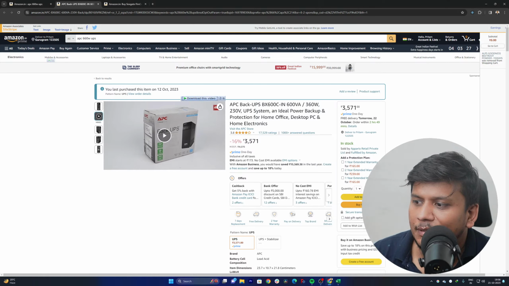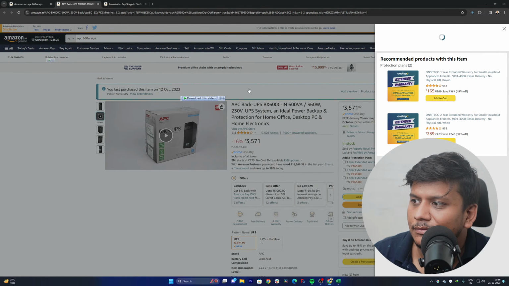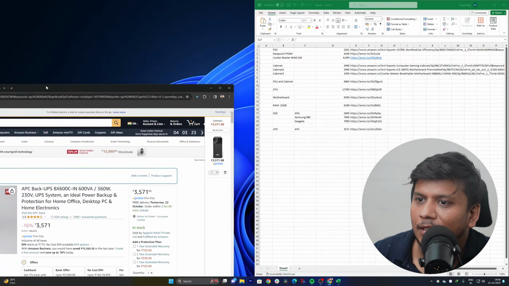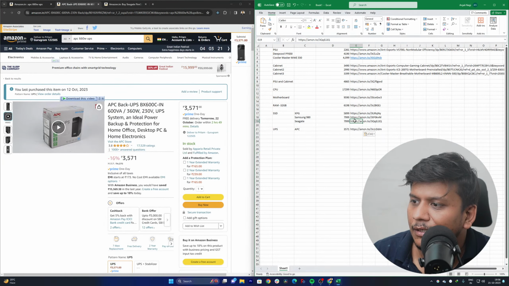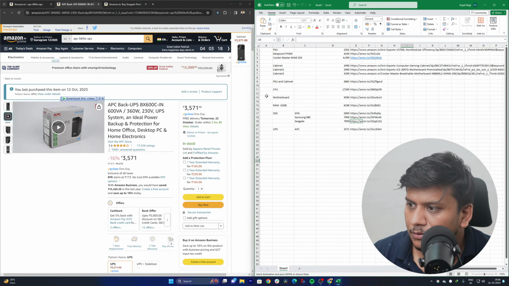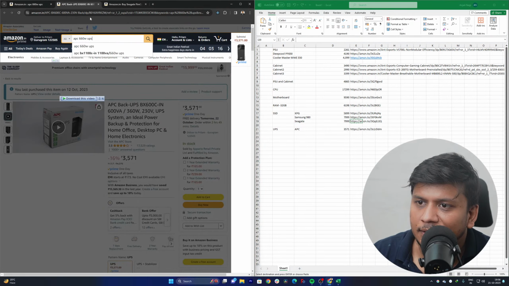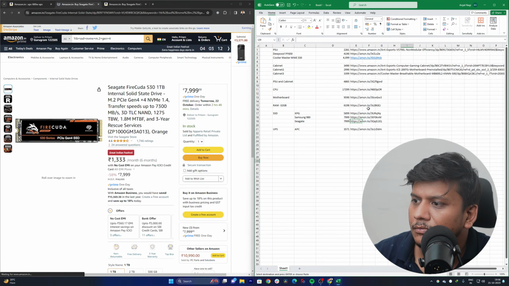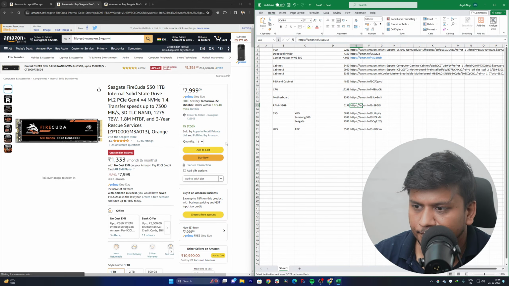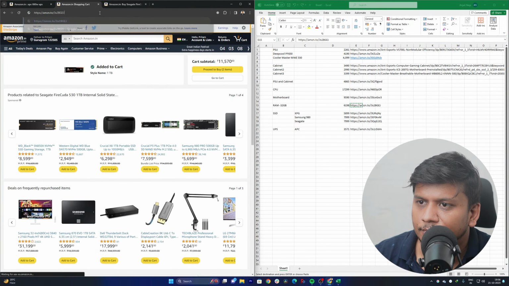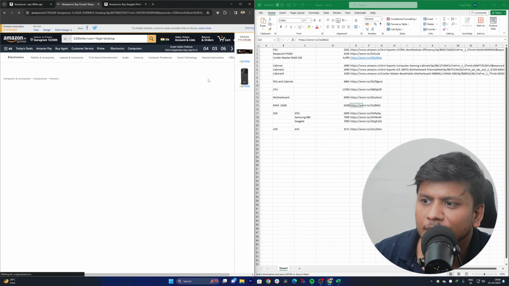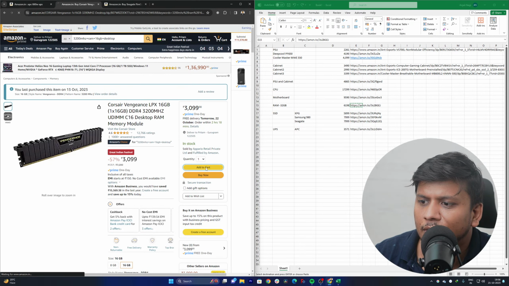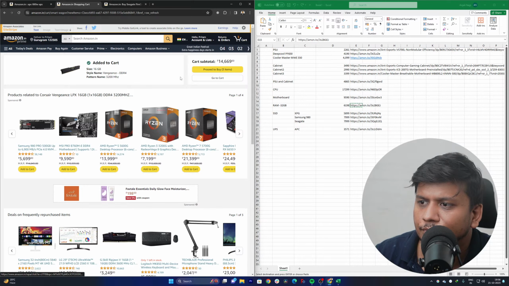Okay, let me add this one. And in the same way, let me add the Seagate one. Then RAM. I'm going to do this just to show you how much all this will cost you. RAM, I think I need to add one more.